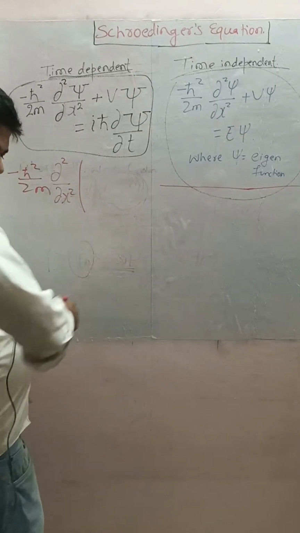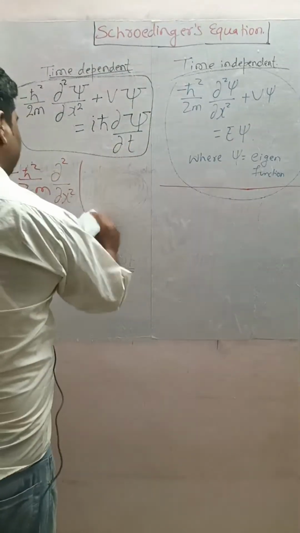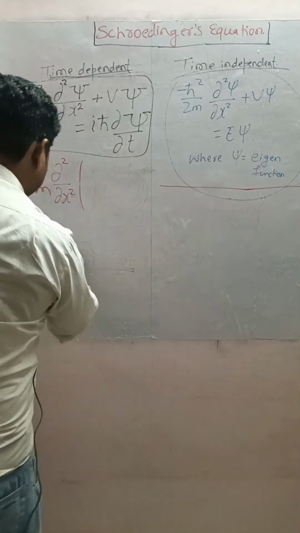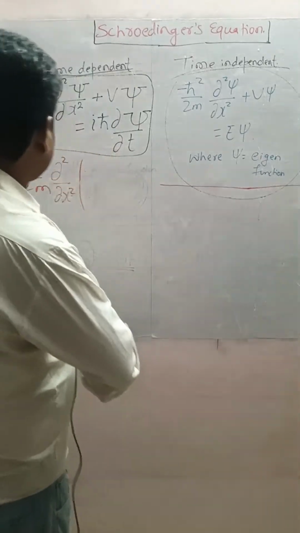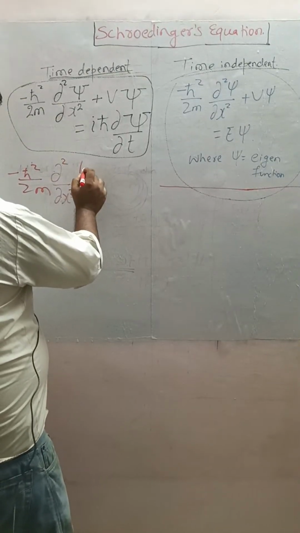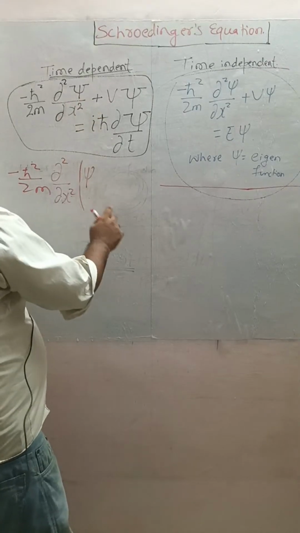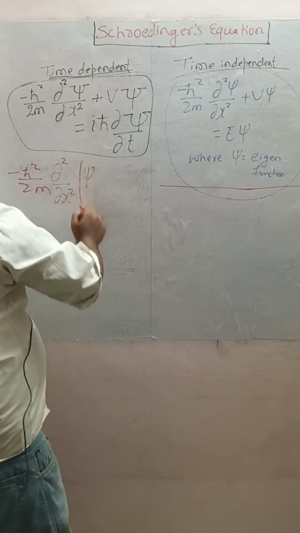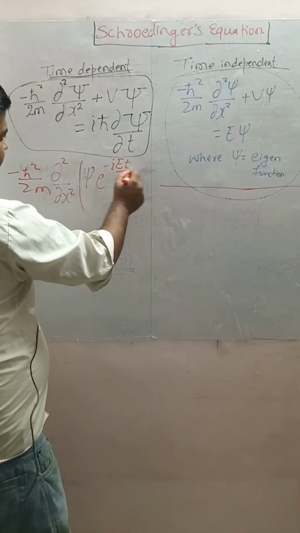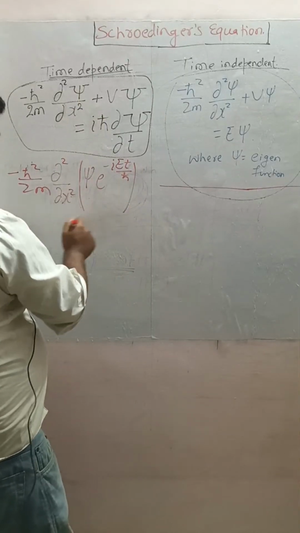Let me do this problem. This is different than this. I already told you, this is the amplitude of this wave function. Instead of this, I put this.